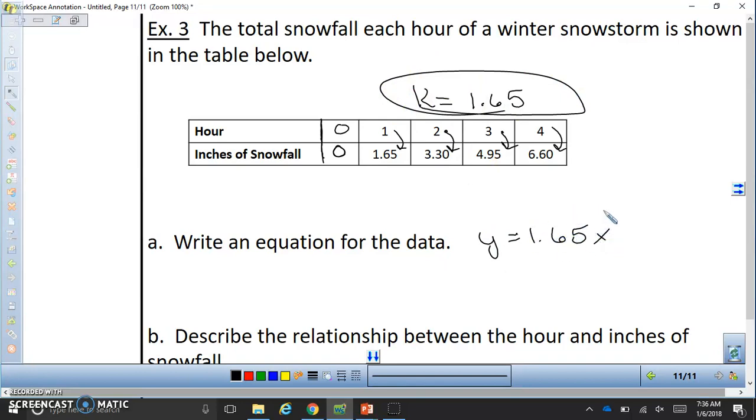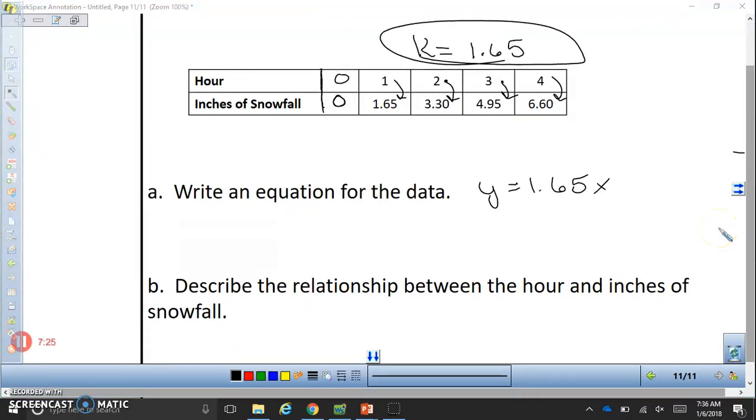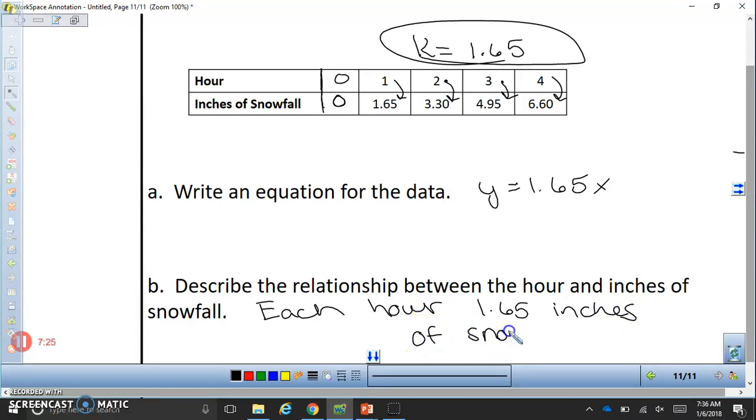Each hour it snows 1.65 inches. Describe the relationship between hours and inches of snow: each hour, 1.65 inches of snow falls. There we go. That's all I've got to be able to do for that one. Don't stress on me yet.